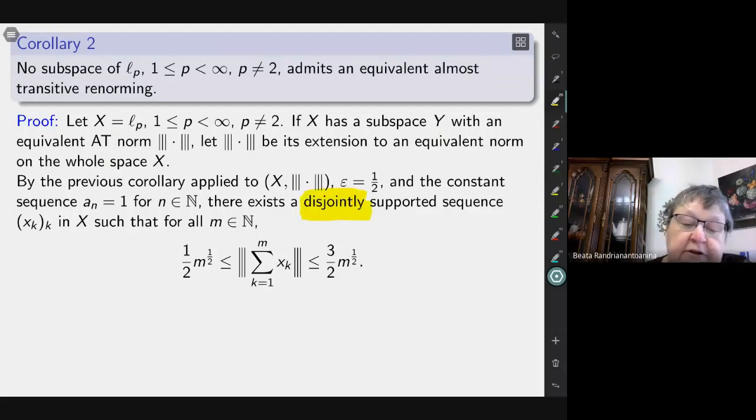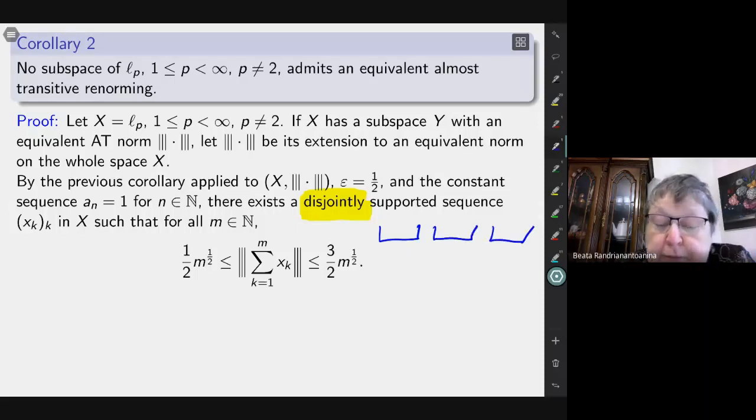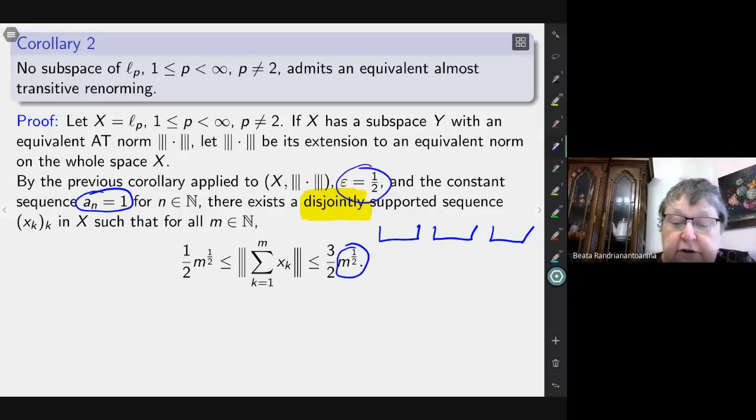Over there I said block basis, meaning I want my supports to be one after another, but in particular, they are disjoint. Since they are disjoint, they behave like the L2 norm of this constant sequence. The L2 norm of this constant sequence is this much, and epsilon is 1/2, so we obtain these inequalities.